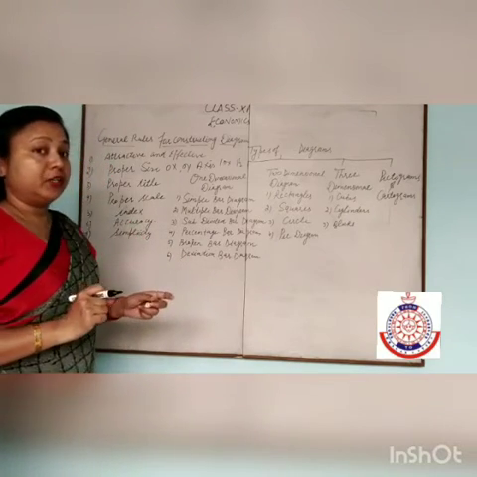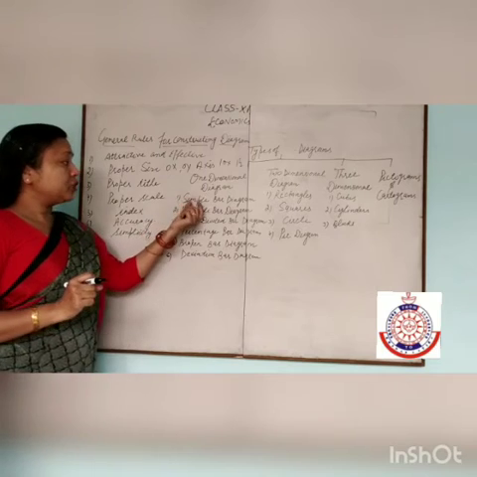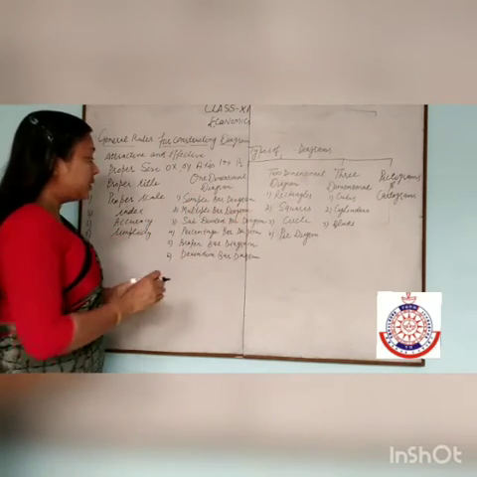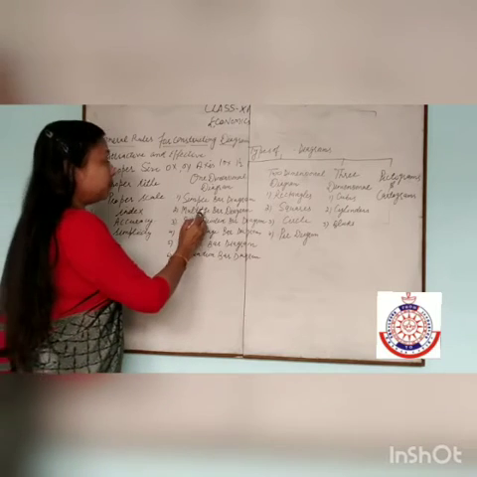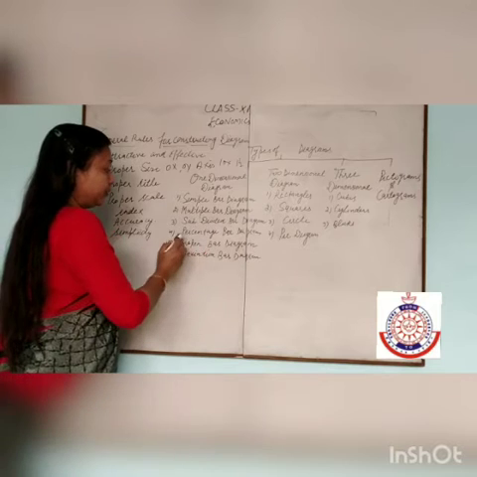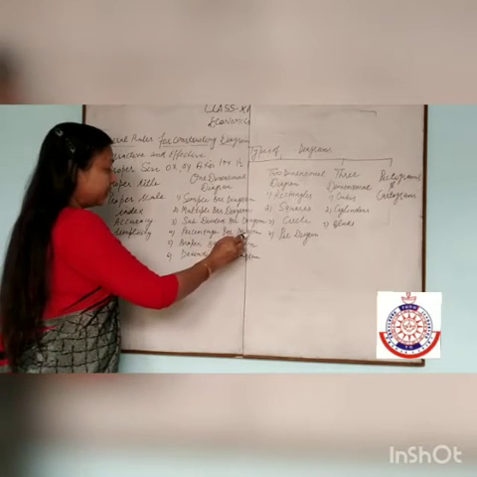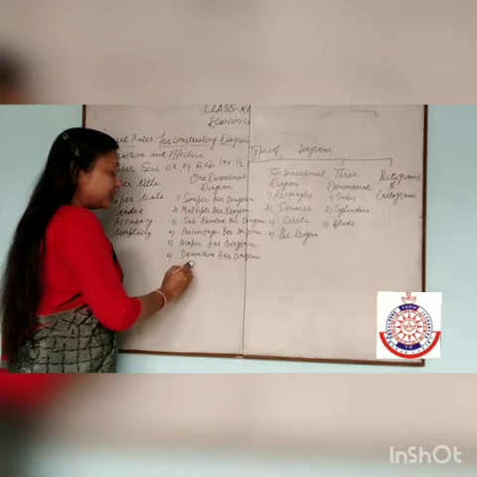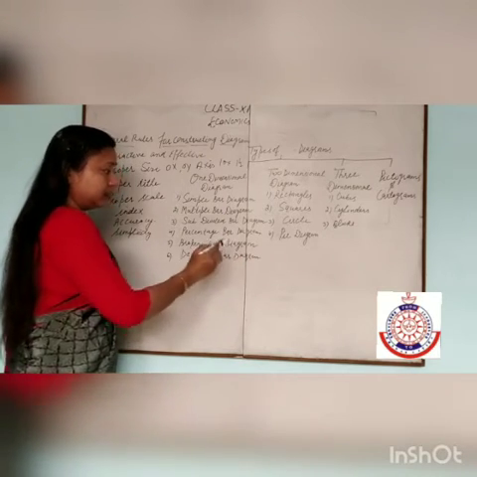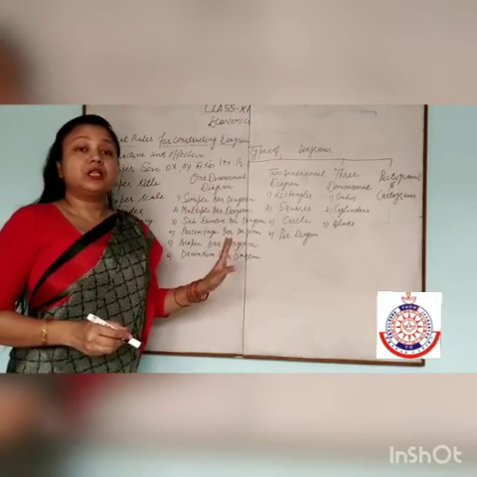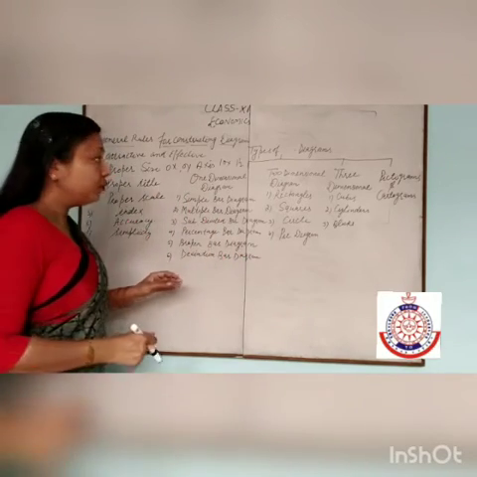The one-dimensional diagrams are: first, simple bar diagram; second, multiple bar diagram; third, subdivided bar diagram; fourth, percentage bar diagram; fifth, broken bar diagram; and last, division bar diagram.